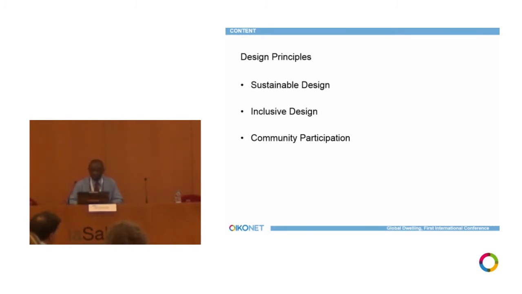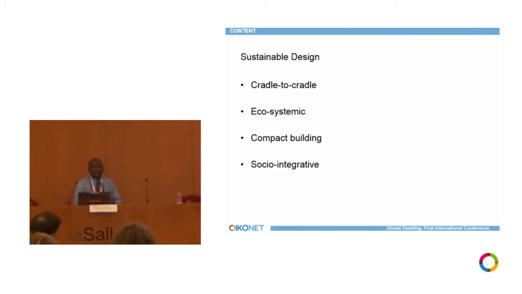And I will go through these design principles one by one. The first one, sustainable design, has three or four elements. We have the cradle-to-cradle design principle, the ecosystemic design concept, the compact building design concept, and the socio-integrative design concept.